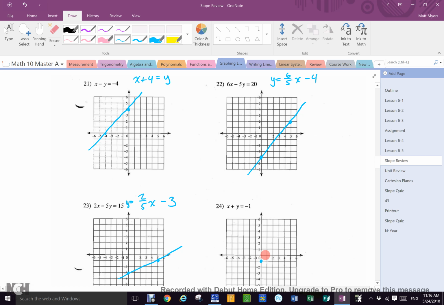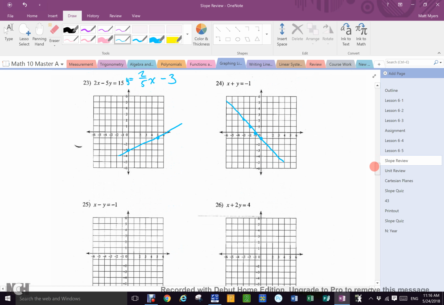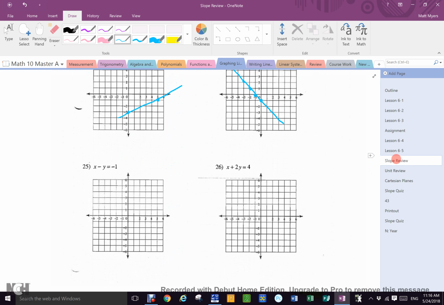That is -1 with a slope of -1. So that should be your line there. That is y equals x plus 1.